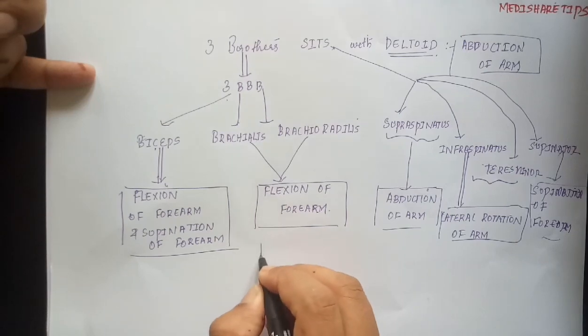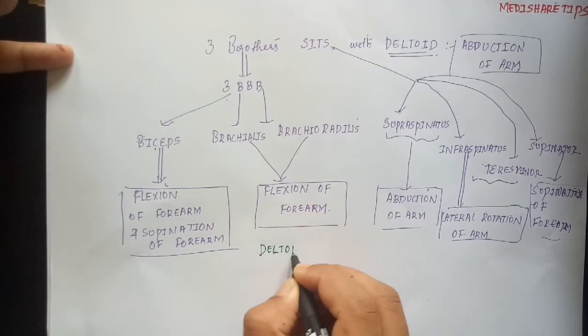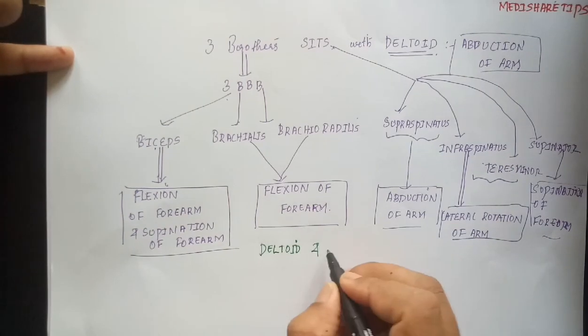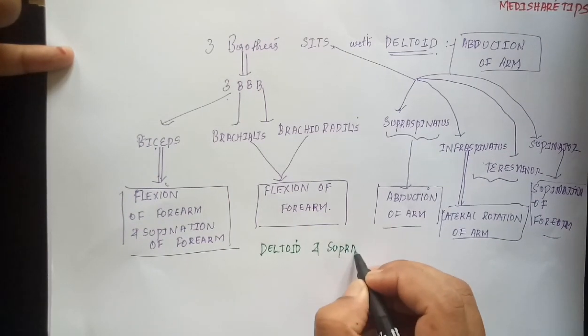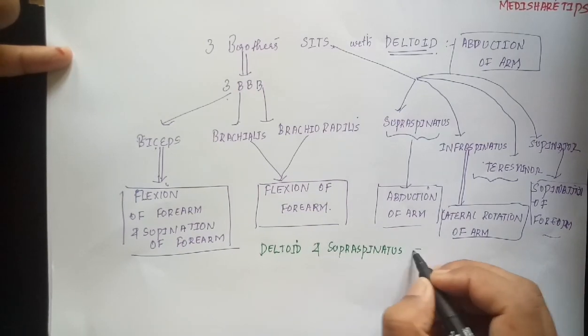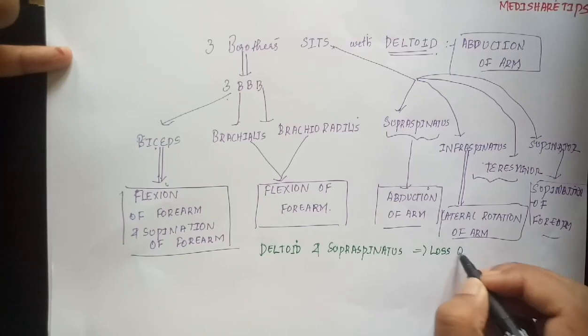Paralysis of deltoid and supraspinatus results in loss of abduction of the arm.